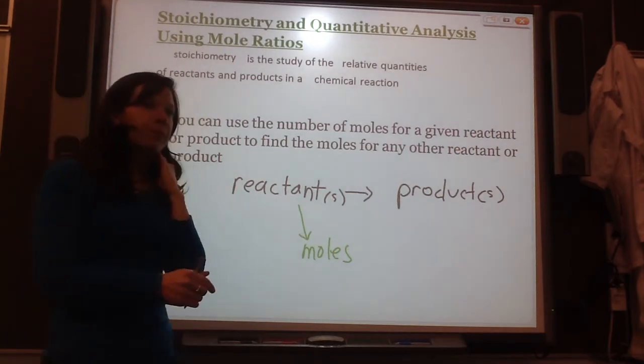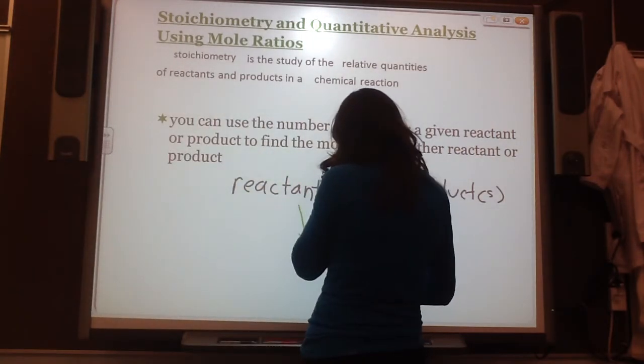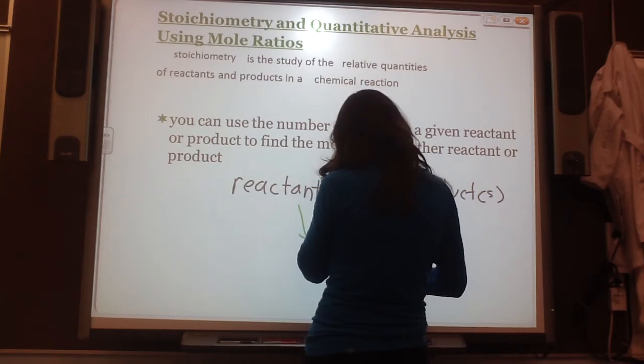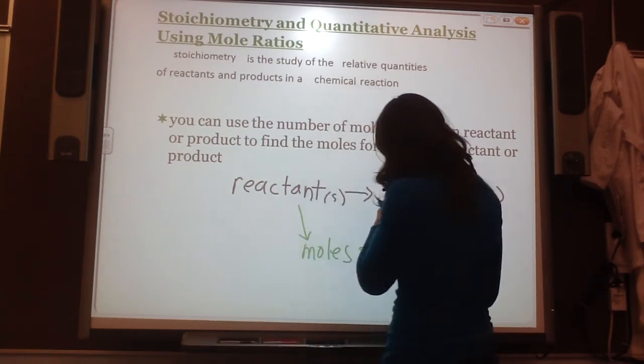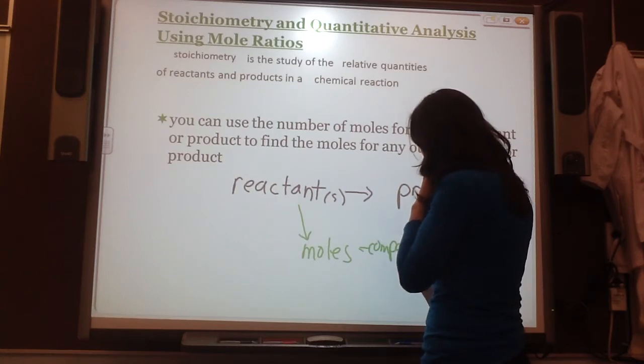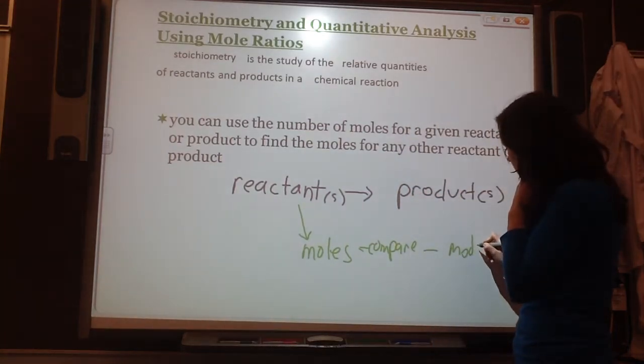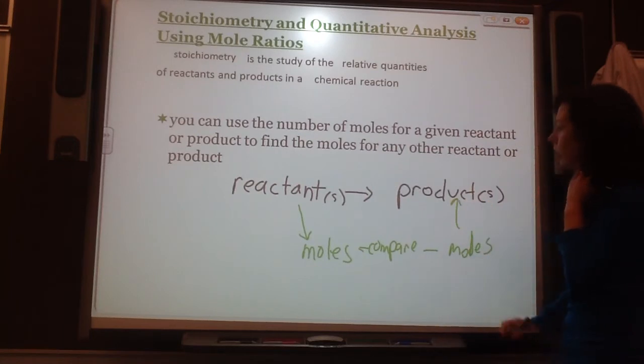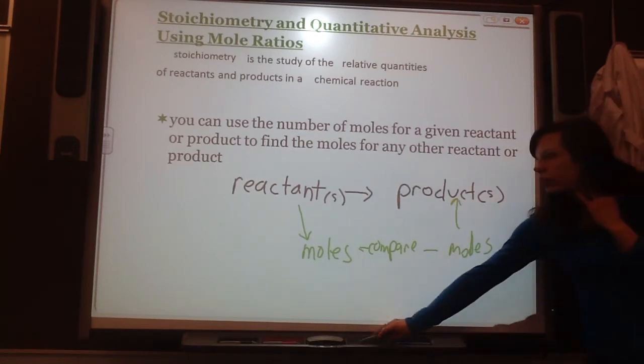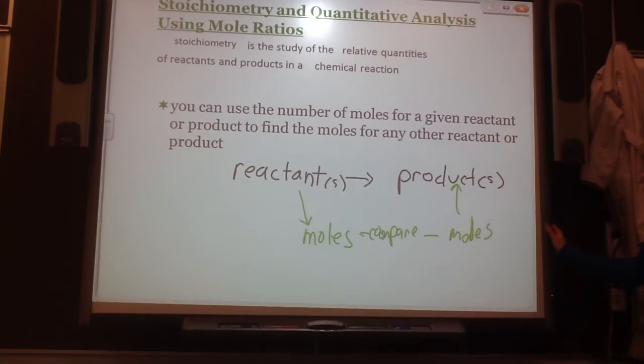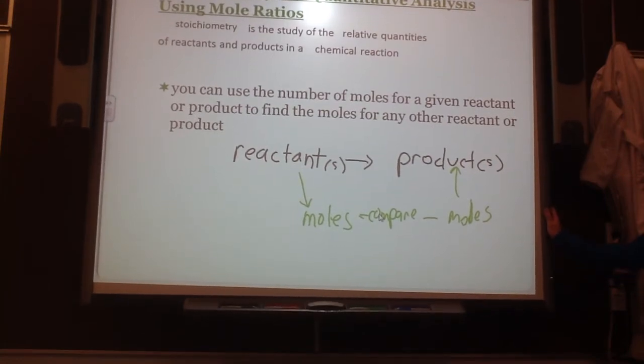So we compare, and we should get the moles of the products. You find the moles of one thing, do a comparison to find the moles of the next thing. And it goes the other way too. You can find the moles of the products, do the comparison, and apply it to moles of reactants or another product.